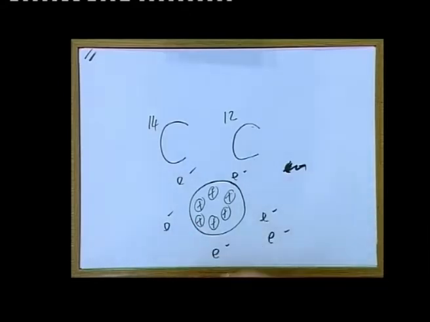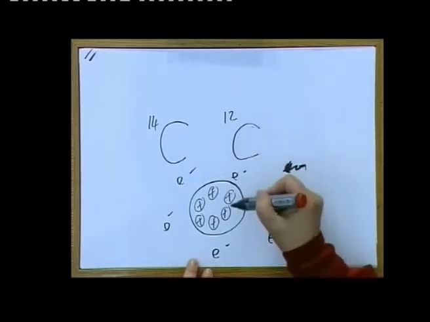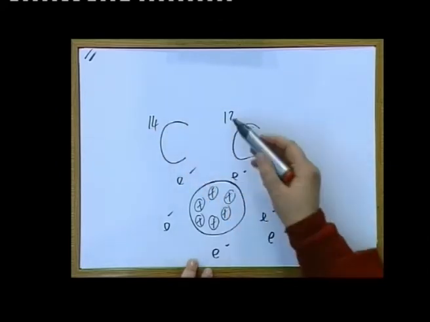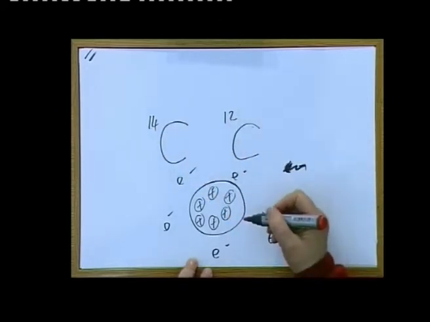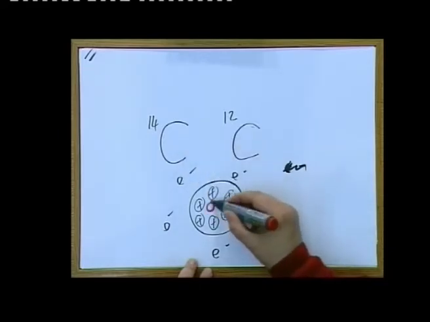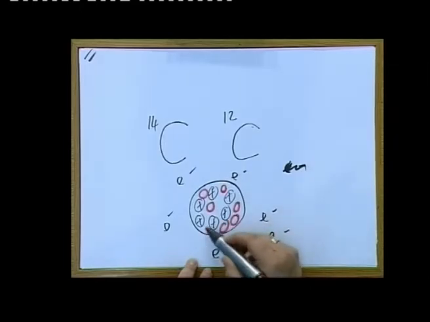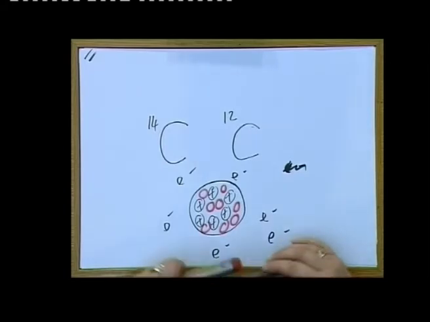But now, also in the nucleus, you have neutrons, neutral particles. You take your 6 and subtract it from the 14 or the 12 to see the number of neutrons. Now, 14 minus 6 will give you 8 of these neutrons.